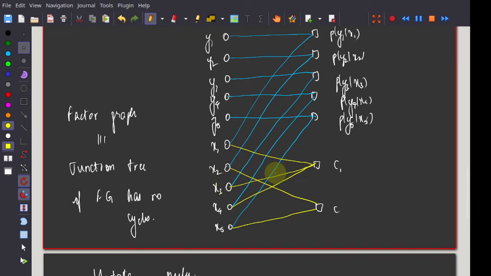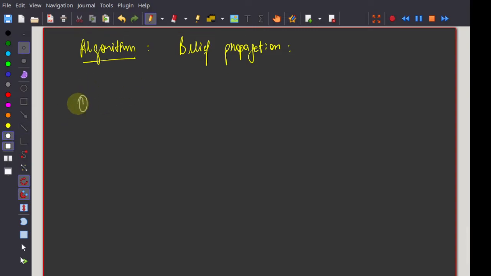And you keep repeating this until it converges, right? This is an algorithm which I'm going to call belief propagation. This first requires some initialization.